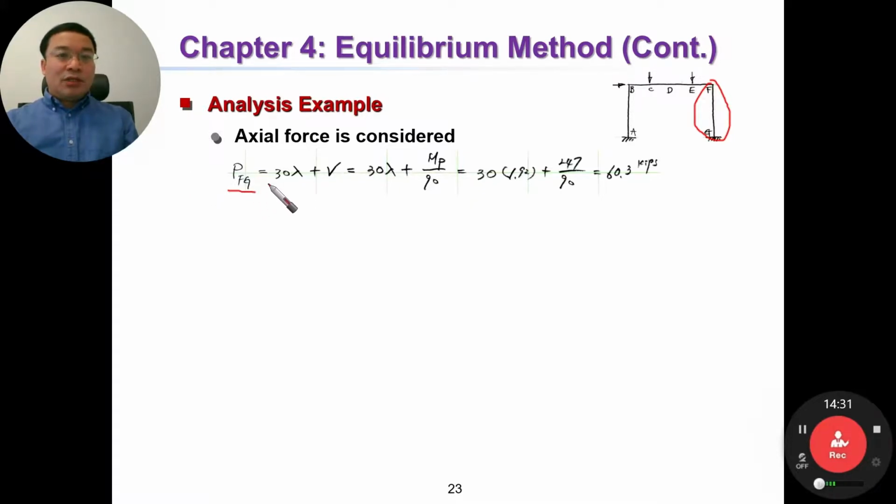PFG equal to this. Please check using the previous step. Then finally we have P, the axial force in the member FG, equal to 60.3 kips.